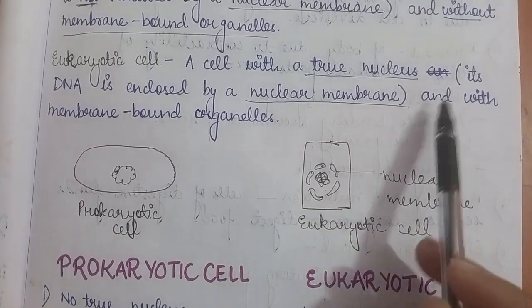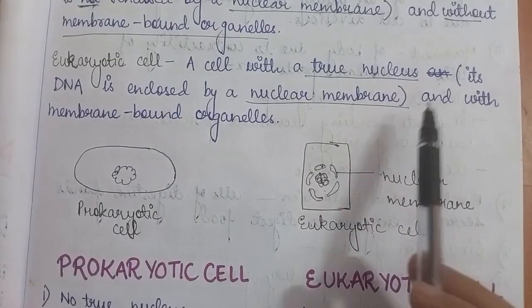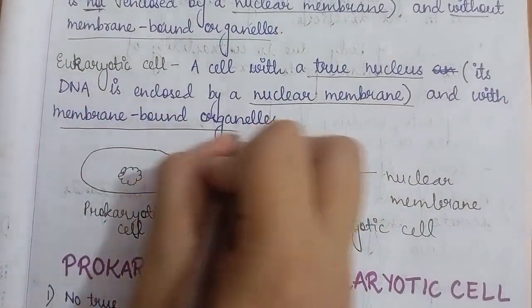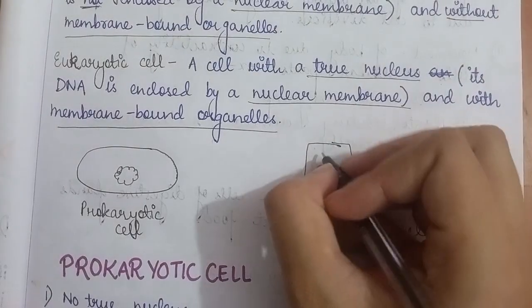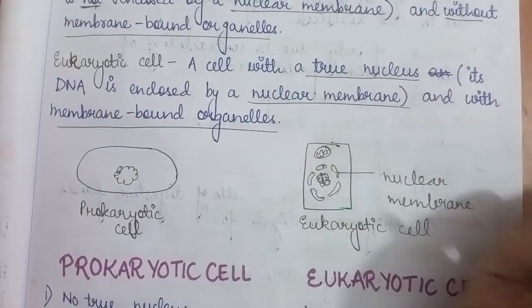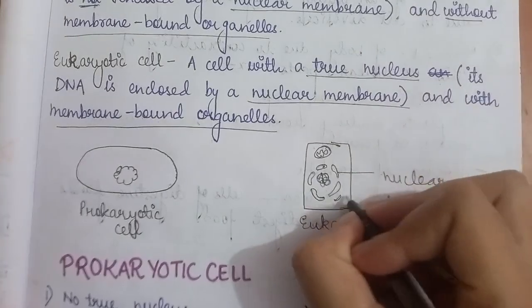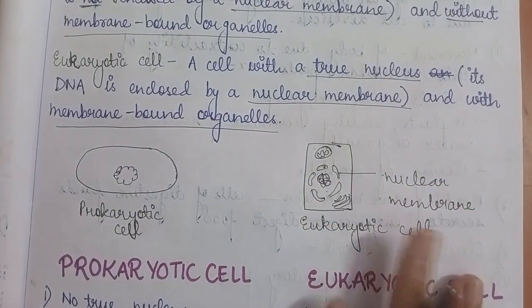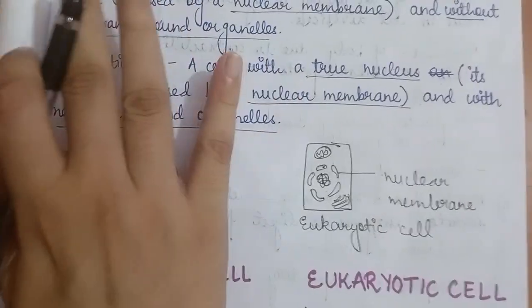So eukaryotic cells have membrane bound organelles, like mitochondria, Golgi bodies. These are all present in eukaryotic cells, but absent in prokaryotic cells.